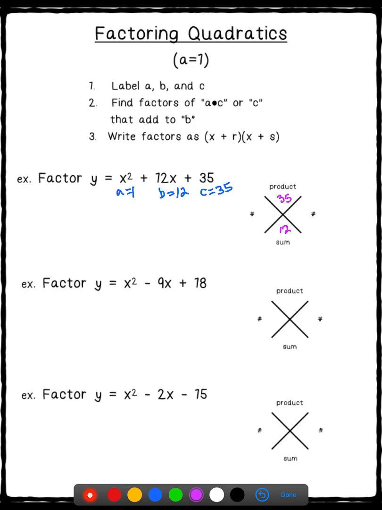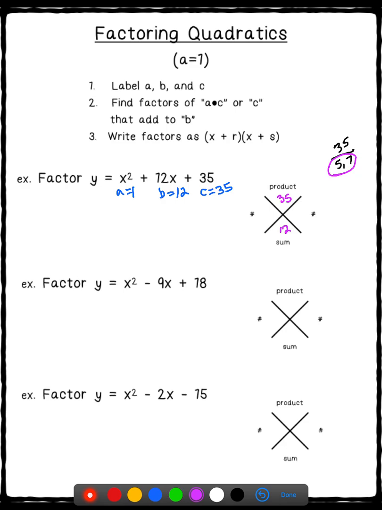So we're going to look at some factors of 35. Well, we know 5 times 7 gives us 35. Also, when we add them, we get 12. So we found the factors that we need.